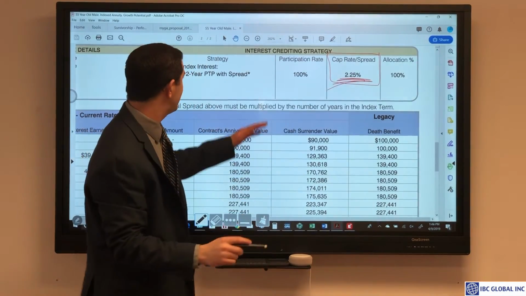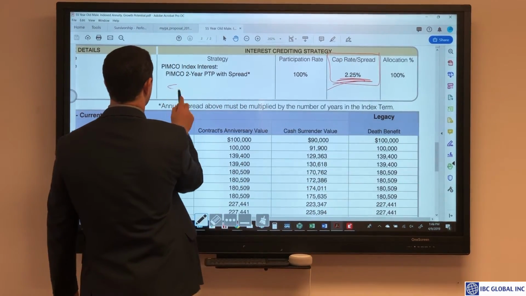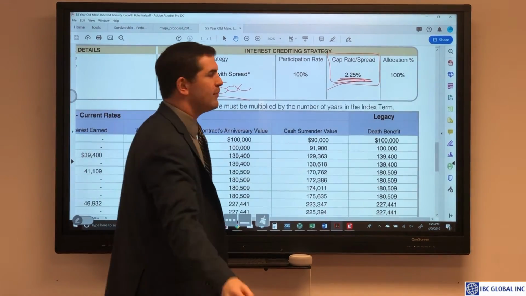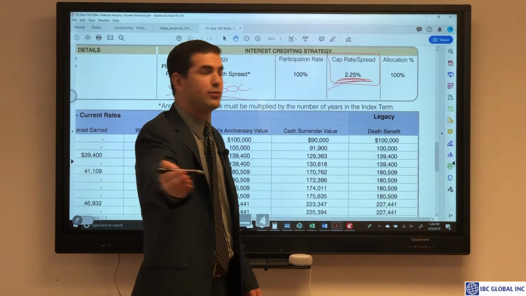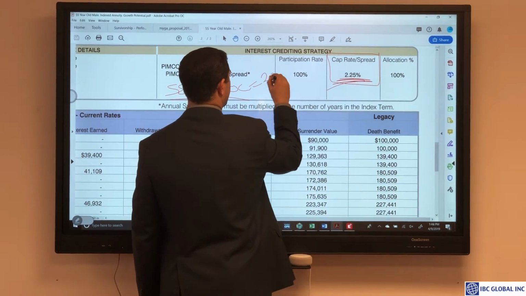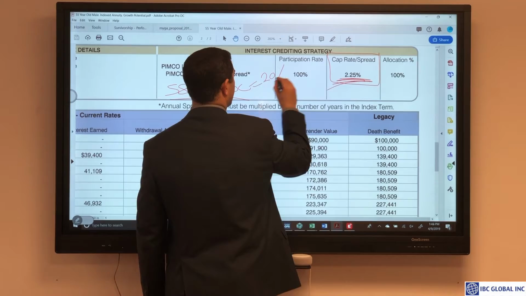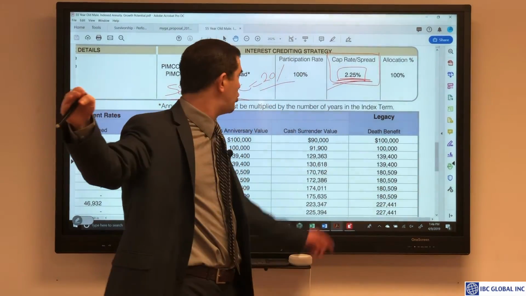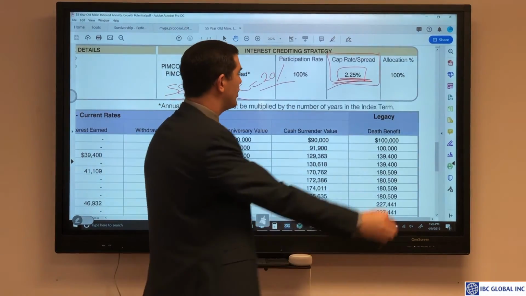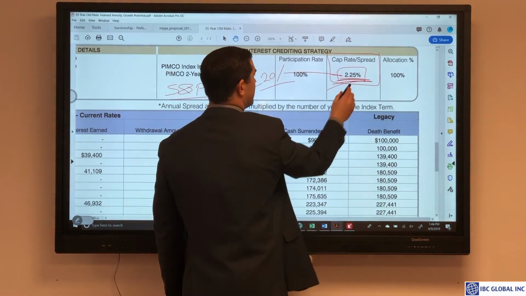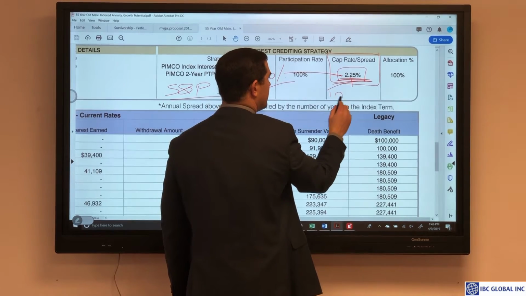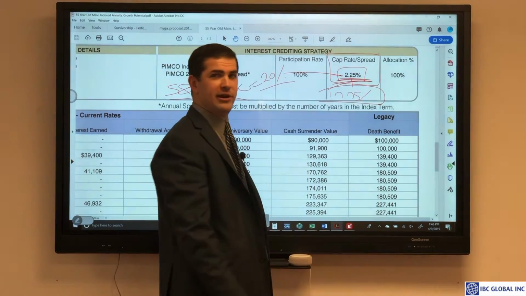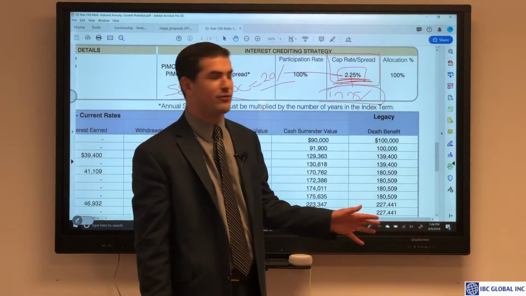What that means, this again is tied to an account very similar to the S&P 500, and this is telling me if the market does 20% one year, this 2.25 spread means I'm going to earn that 20% minus whatever my spread is. So that would come out to 17.75%. Not a bad deal, with no risk, I can never lose funds.